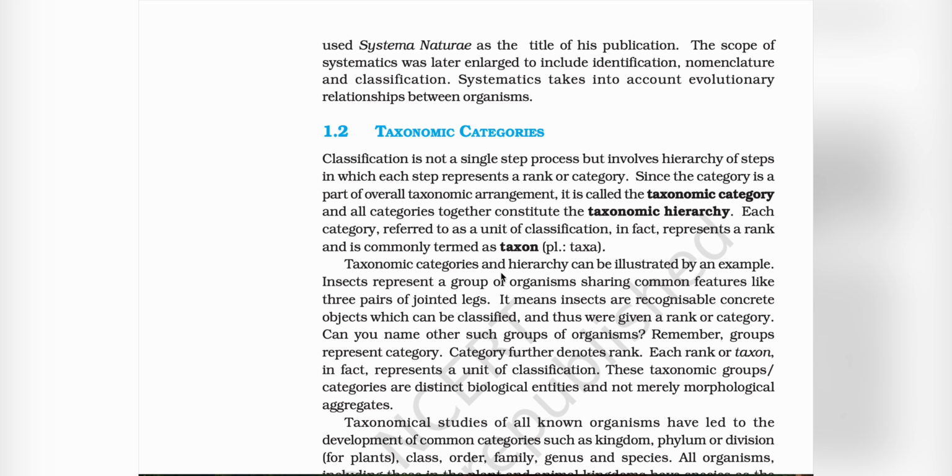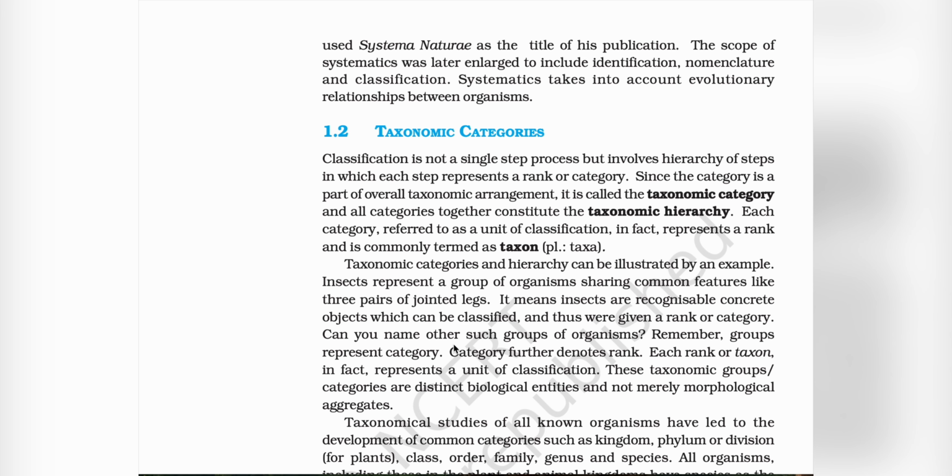Taxonomic categories and hierarchy can be illustrated by an example. Insects represent a group of organisms sharing common features like 3 pairs of jointed legs. It means insects are recognizable concrete objects which can be classified and thus were given a rank or category.